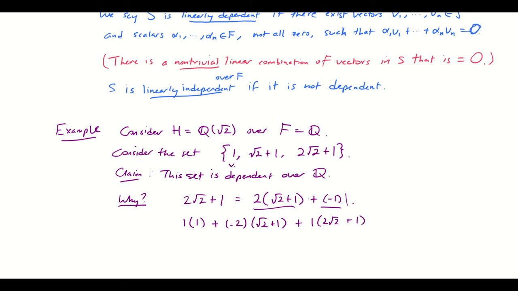So if these are my vectors v1, v2, and v3, then my alpha 1 is 1, my alpha 2 is negative 2, and my alpha 3 is 1. And you can verify that that does indeed equal 0, and that's a non-trivial linear combination of my three vectors that gives me the 0 vector. Okay, so that means that this set is dependent. In other words, not independent. Okay, let's try another one.